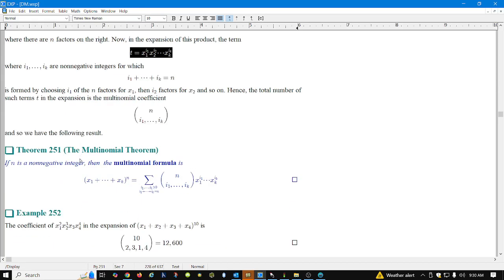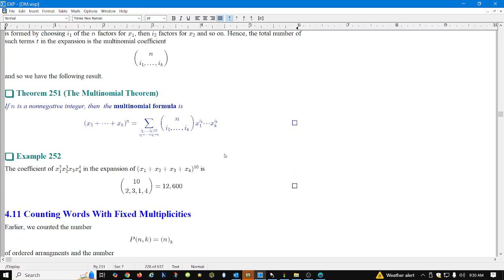And that gives us the multinomial formula, which looks like this. And here's an example. If you want a particular coefficient for this term, then you put the power, since this multinomial is raised to the 10th power, 10 goes in the upper number, and these 4 exponents go in the lower numbers: 12,600.